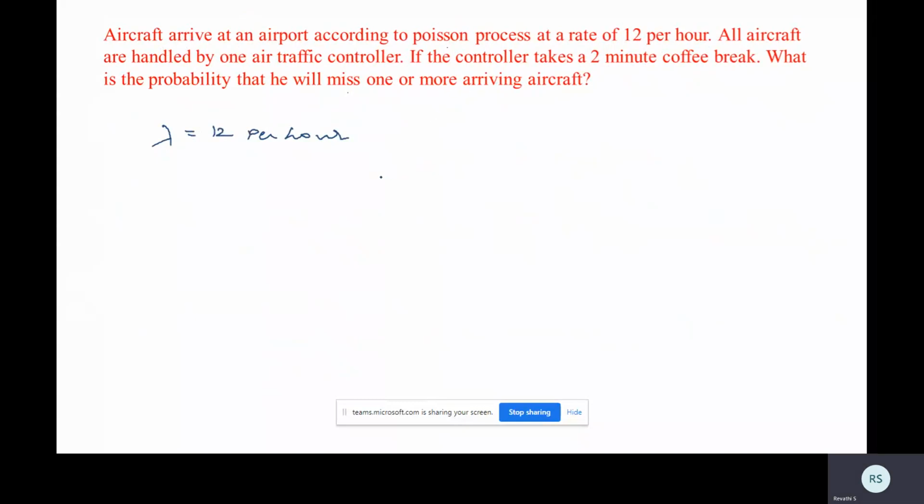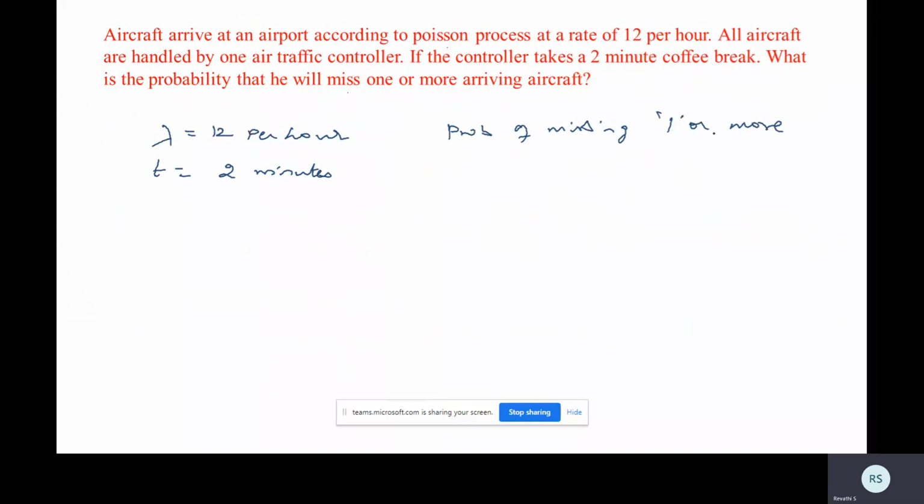So what they want from here is the probability of a miss. What is the time break he is taking? The finite time interval is a 2-minute coffee break, so T equal to 2 minutes. We want the probability of missing one or more aircraft.